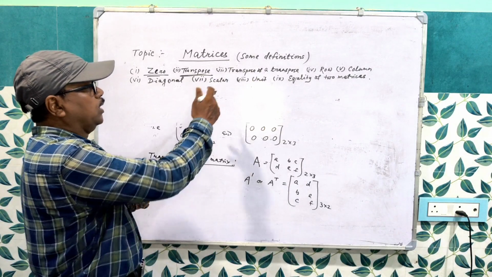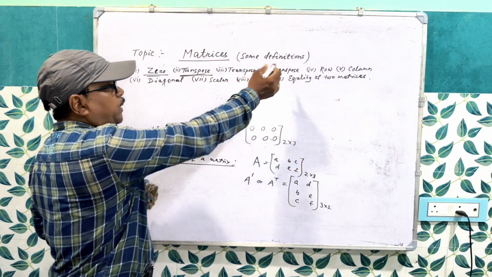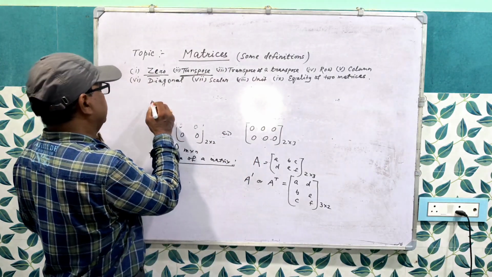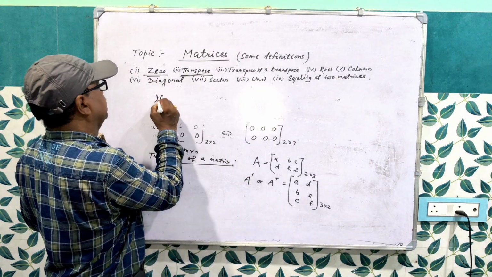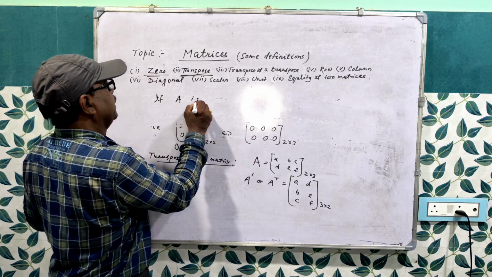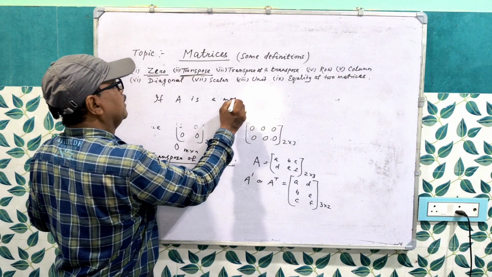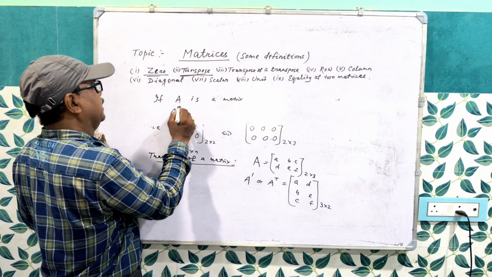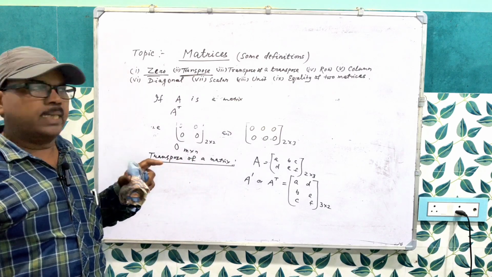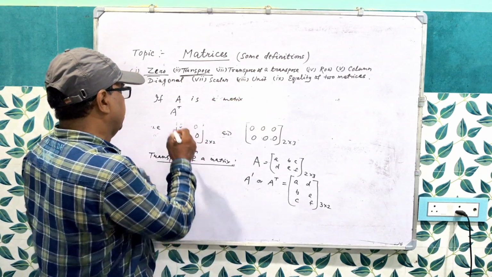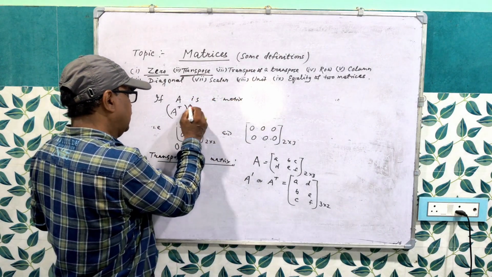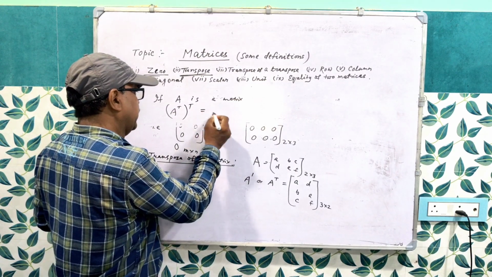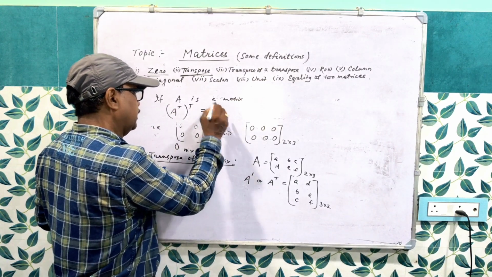Again, we are going to analyze the transpose of a transpose. If A is a matrix and its transpose is A T, then the transpose of a transpose means the transpose of A T. The transpose of A T is equal to the given matrix itself.